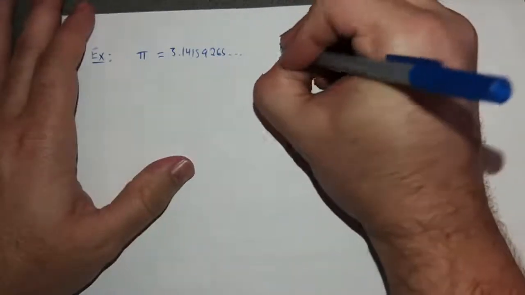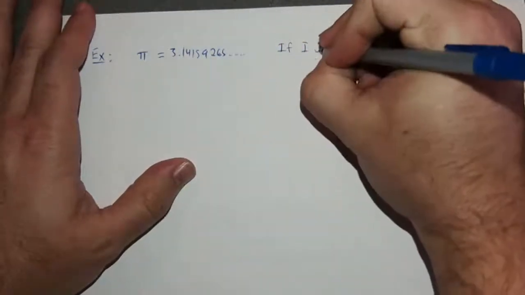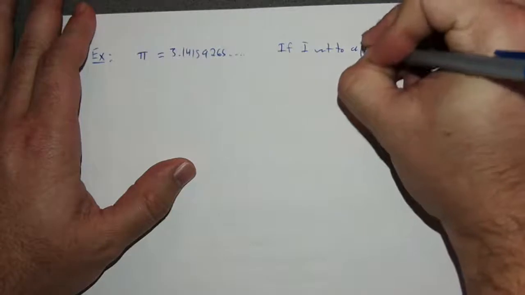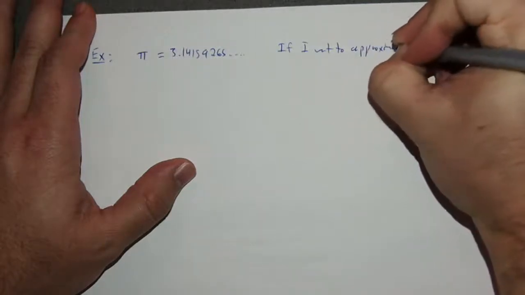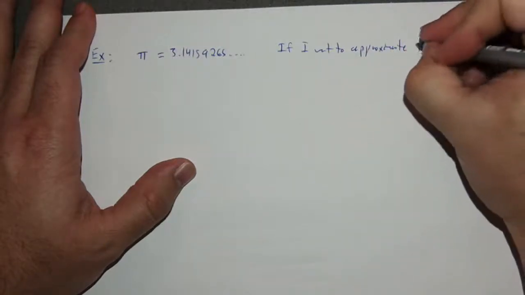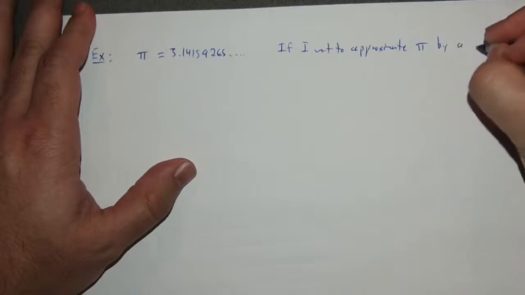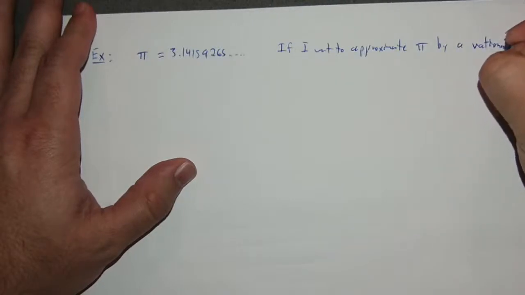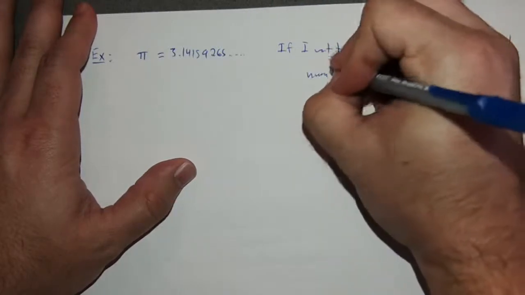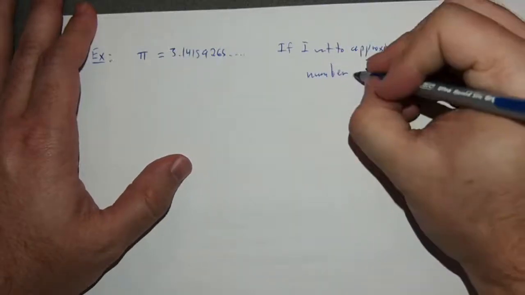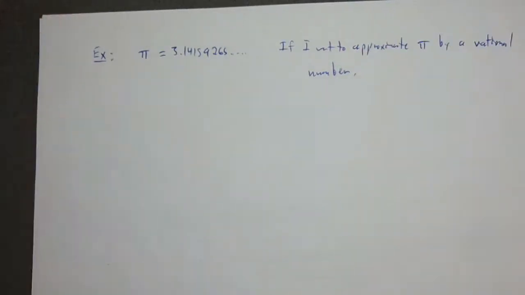If I want to approximate pi by a rational number, there's a couple of options, of course. And of course, this depends on how close I want my approximation to be.